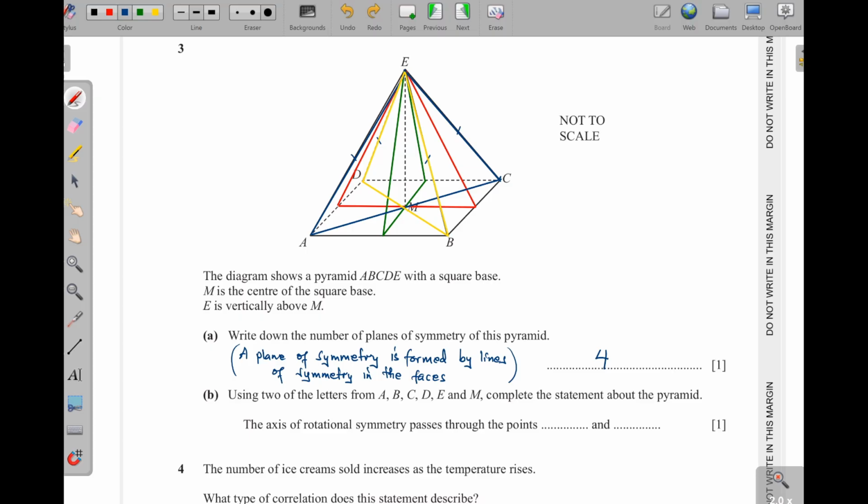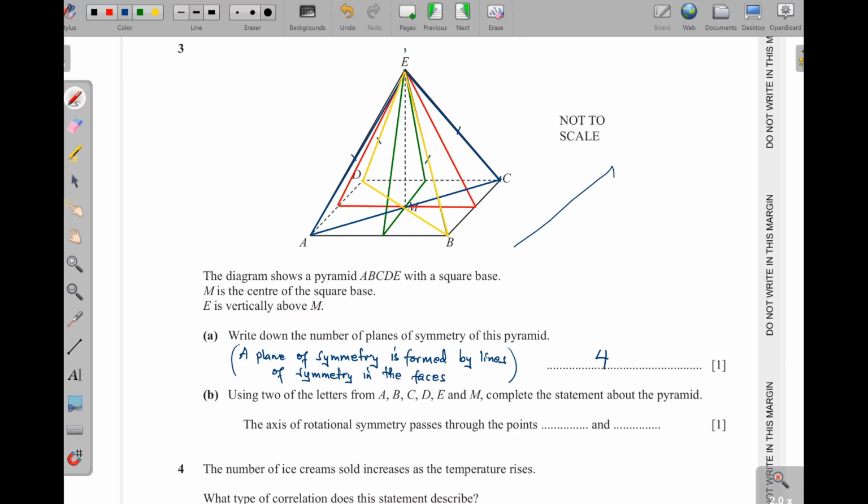In other words, if you have that length, remember this one is a square. So because it is a square, and then let's say you pass through a rod in the middle here, like this, then you can rotate this one. Okay, you can rotate it around it. So that's why it is passing through E and M. And if we are saying that rotational symmetry, it can actually produce something like maybe a cone.